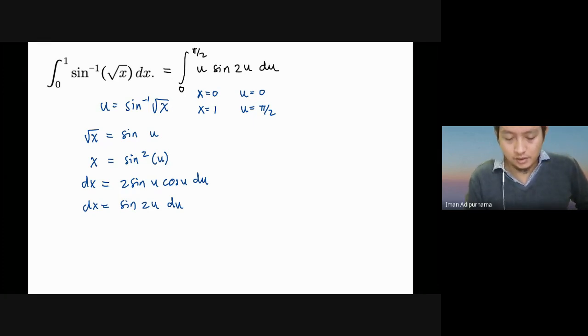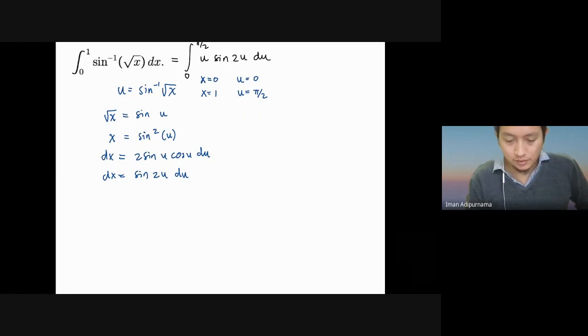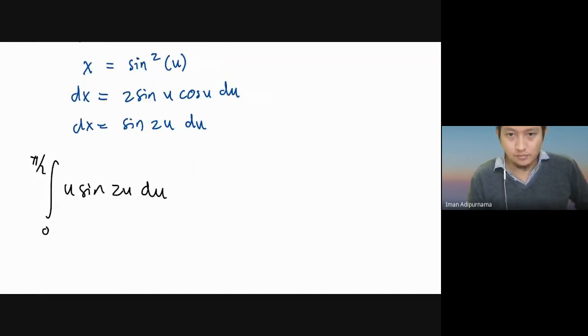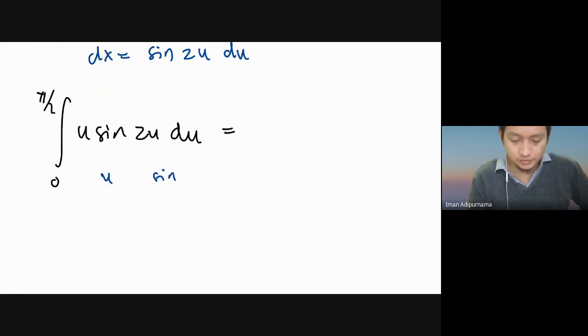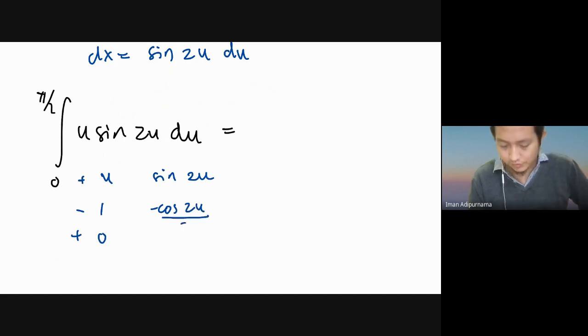And the next step will be taking this integration, and I think this is quite a simple integration by parts. Don't forget to divide by 2.